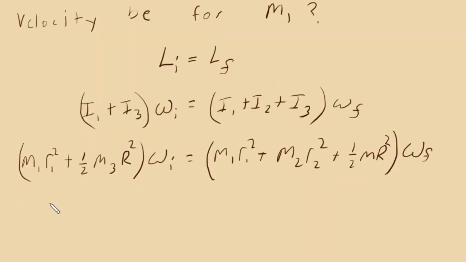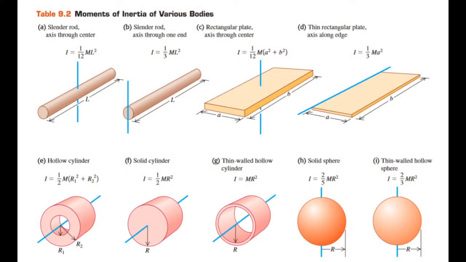So, as I mentioned before, the person standing on the merry-go-round, as they spin, creates a hoop. And looking at our moment of inertia table, letter G gives us the moment of inertia for person 1.